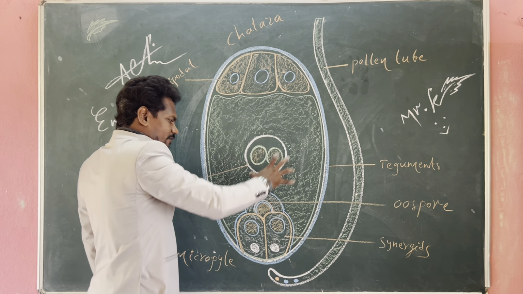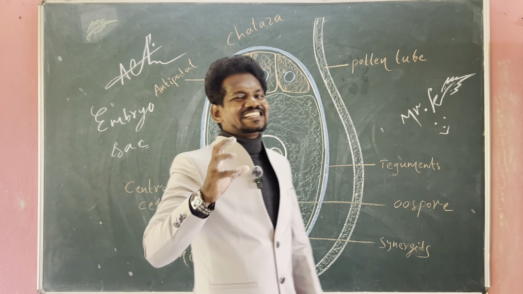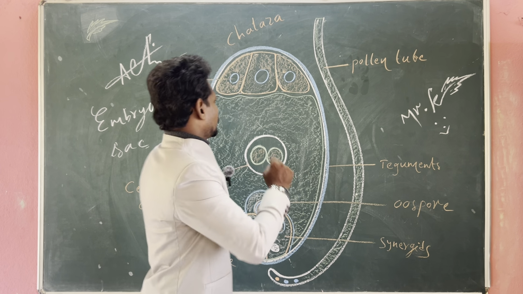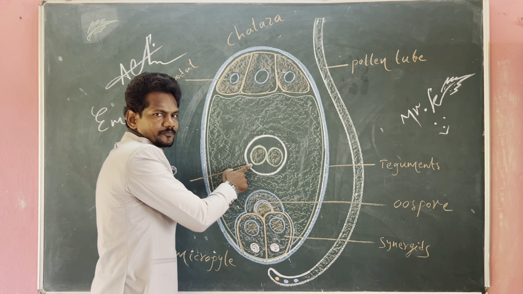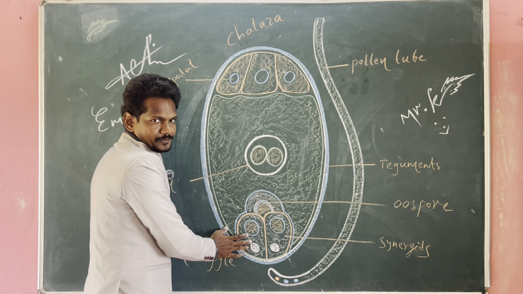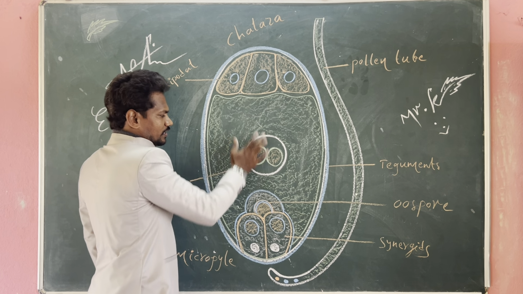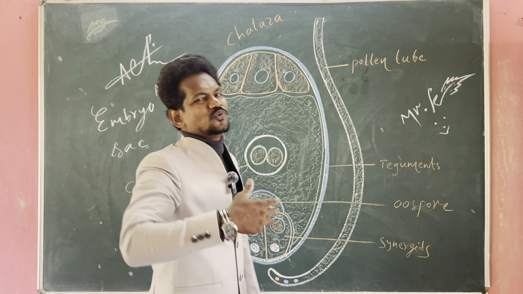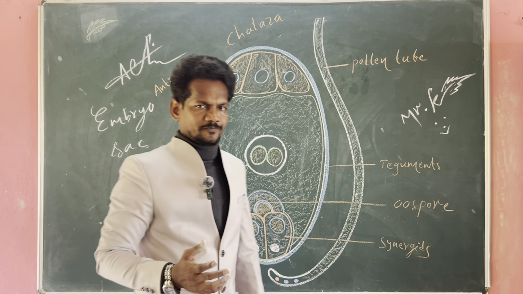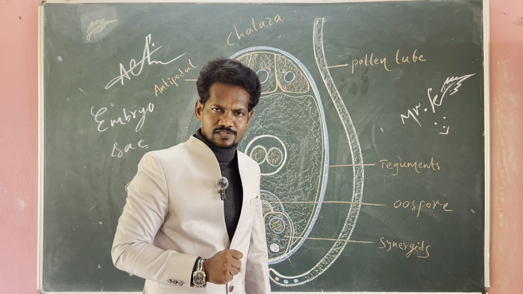Basically, an embryo sac consists of antipodals, central cell, and egg apparatus. Antipodals, central cell, and egg apparatus constitute an embryo sac. One by one we shall discuss.